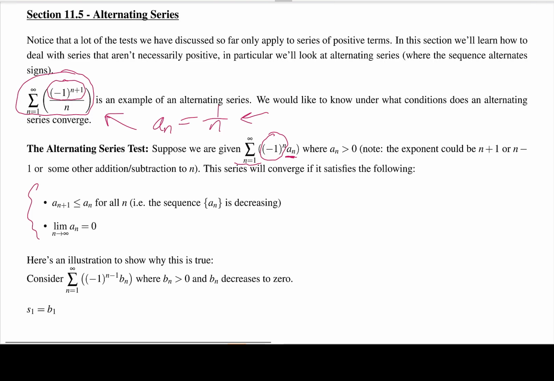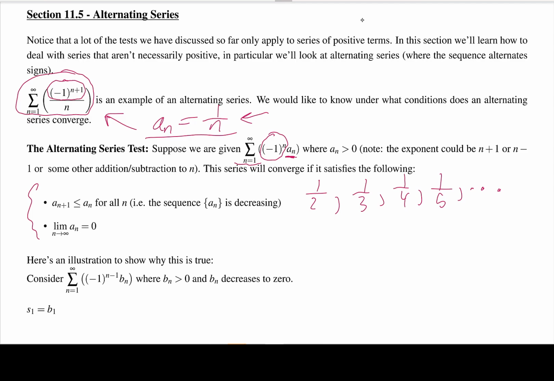The first one is that we need our sequence to be strictly decreasing. So if we look at 1 over n, we'd have 1 over 2, 1 over 3, 1 over 4, 1 over 5, and so on. So we can see that this sequence, a sub n, is decreasing.